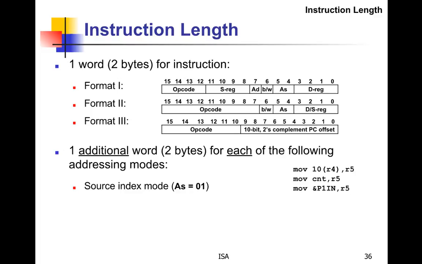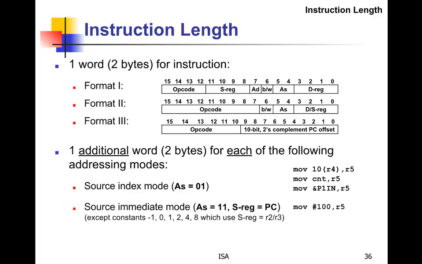And also things like move count to R5, where count is a variable that you've defined, or move absolute P1 into R5. So that's the source index mode. It requires 2 more bytes for each of those addressing modes.